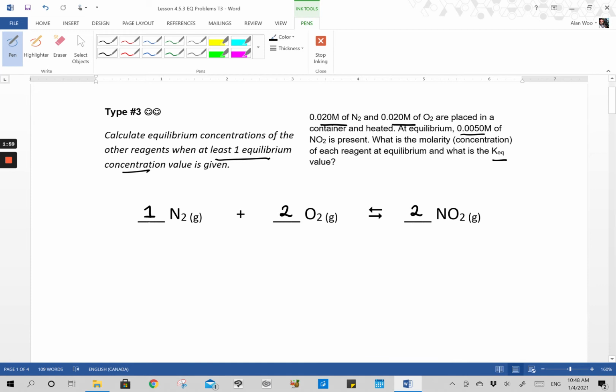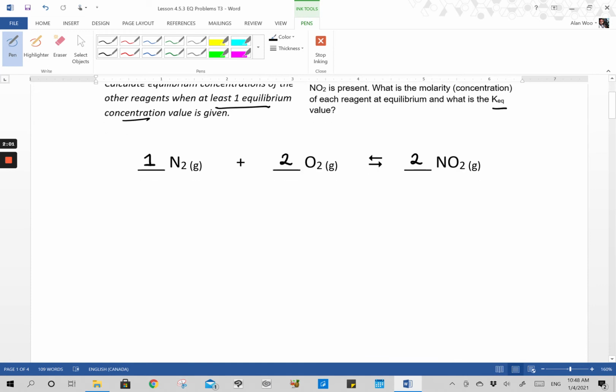So what we actually have here, everything that we see on this side, the reactant side, if we were to draw it out so that it's a little bit more visual, let's say you put these substances into an Erlenmeyer flask. You're going to have N2 and O2 in the reaction vessel.